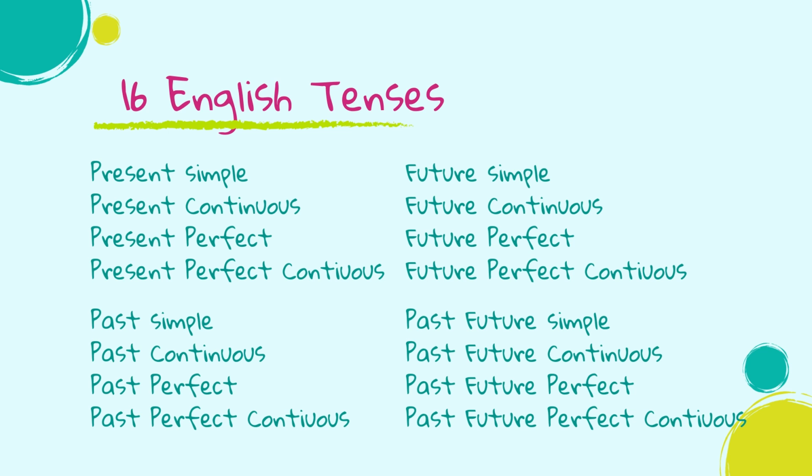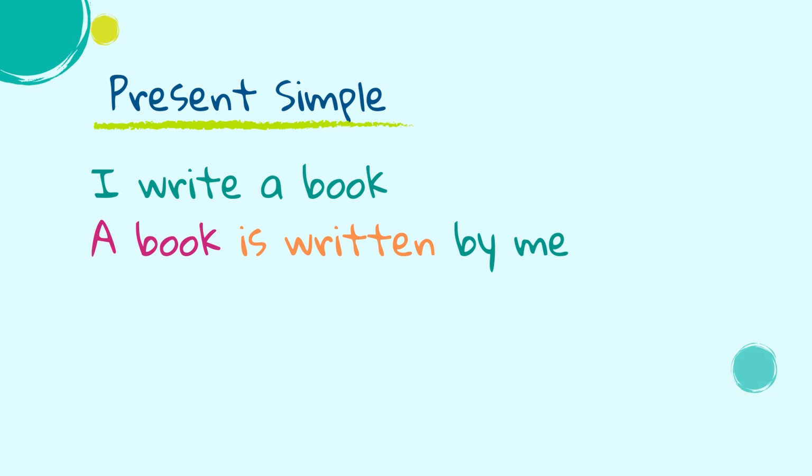Let's begin with number 1, present simple. This is the example of an active sentence in present simple. I'm going to use the same verb and the same object, write and a book, so that later you can make comparison.